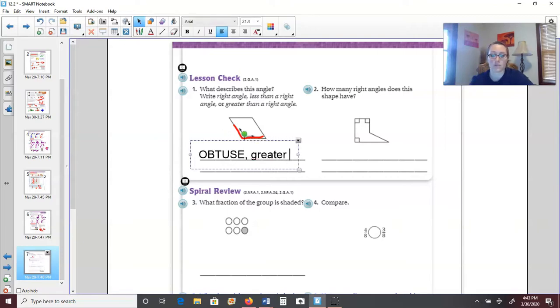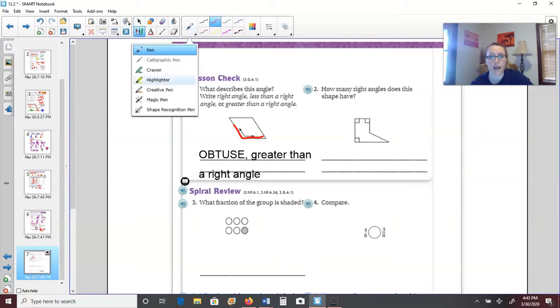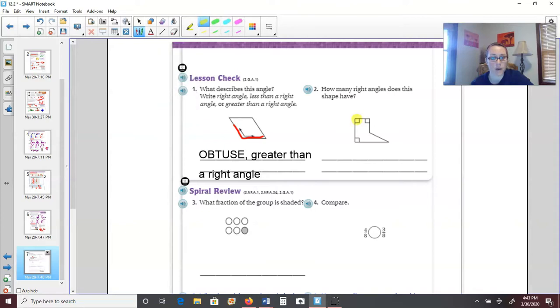Either one of those answers. Okay. On number 2, how many right angles does this shape have? Remember, right angles, perfect corners. 1, 2, 3. 3 right angles. Okay, perfect.